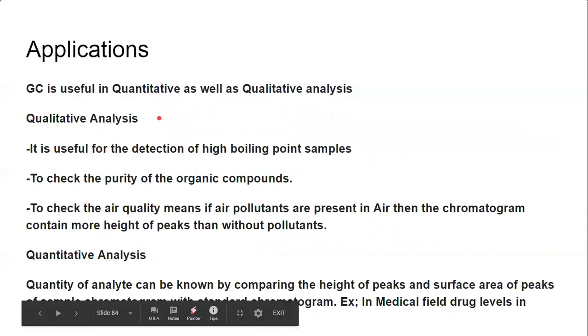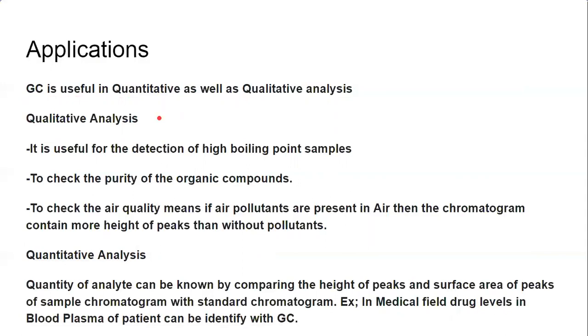In qualitative analysis, generally we separate and identify the nature as well as the chemical formula of the compound. It is useful for the detection of high boiling point samples, which can be identified through gas chromatography. To check the purity of organic compounds, we can check the purity of the organic.